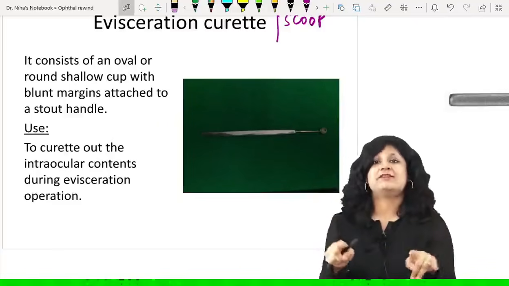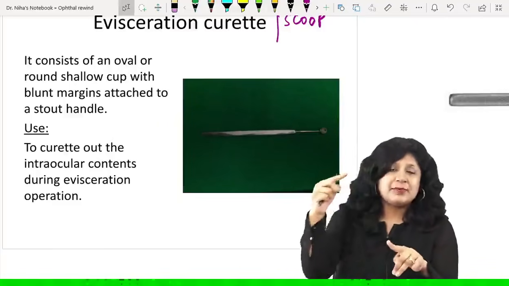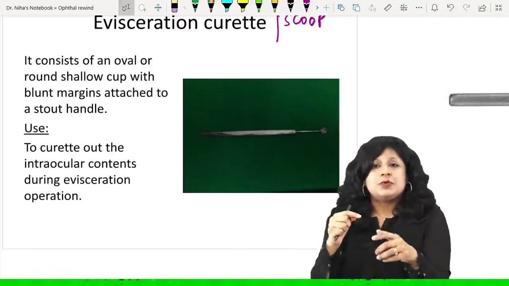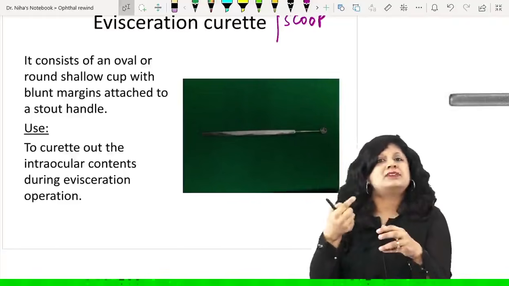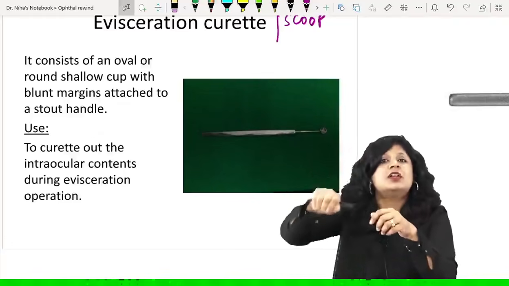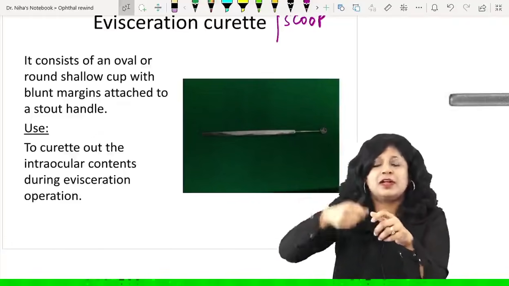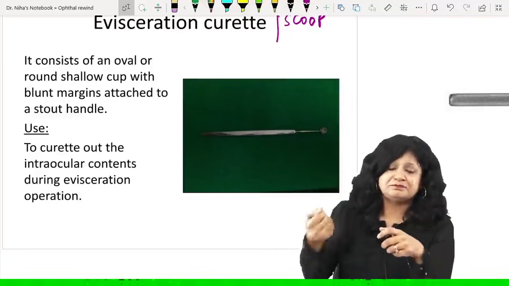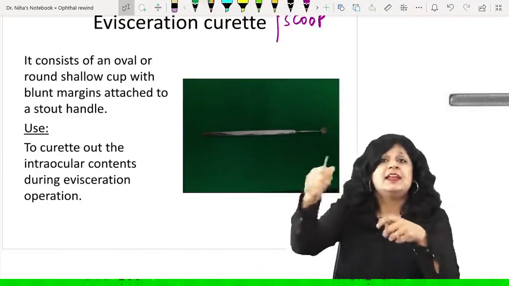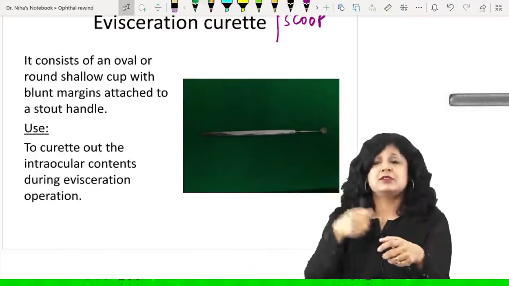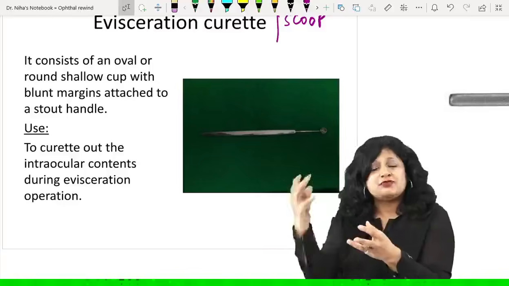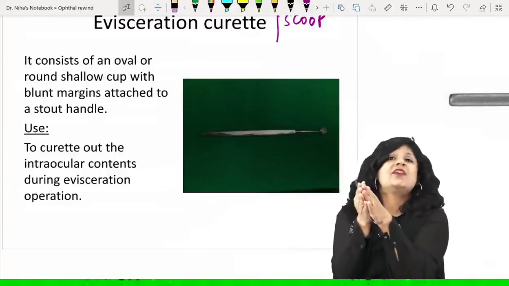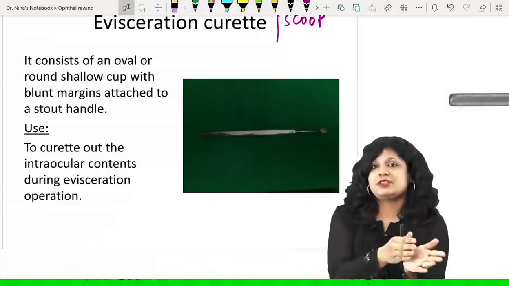It can be at the level of the cornea, or at the level of the sclera on the top. So you are giving an opening in the fibrous coat, then you are scooping out the uveal contents, everything. For that you require a scoop like thing or a curette like thing. Like when we do the D and C, then also you have to curette it out. Then you have to place the artificial implant and suture it back. So that is why in evisceration you are using the scoop.